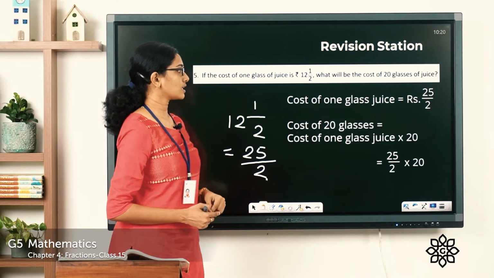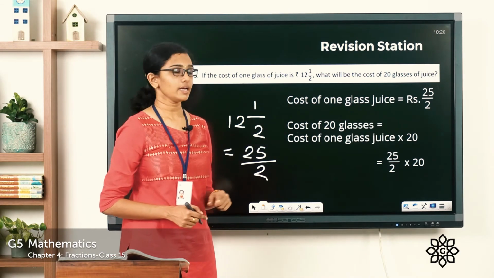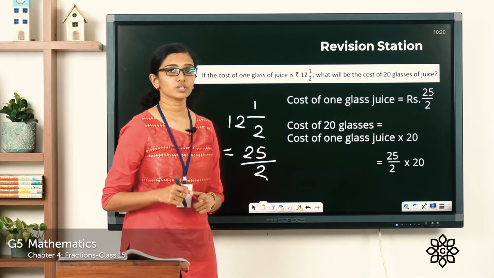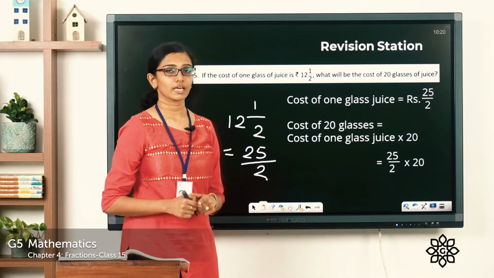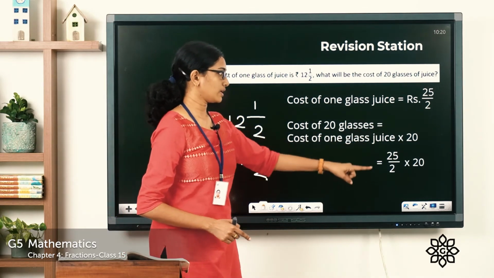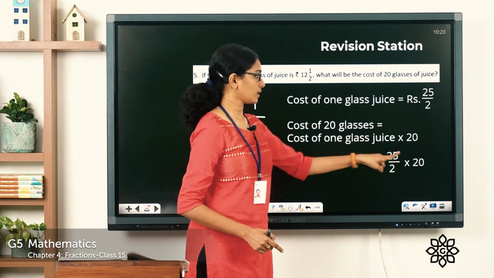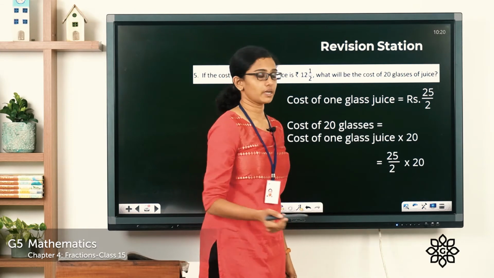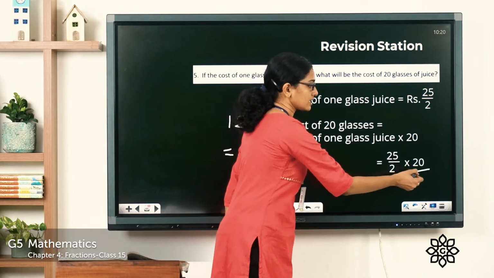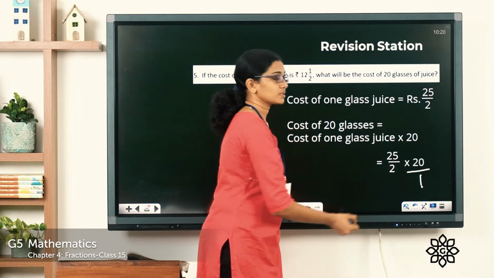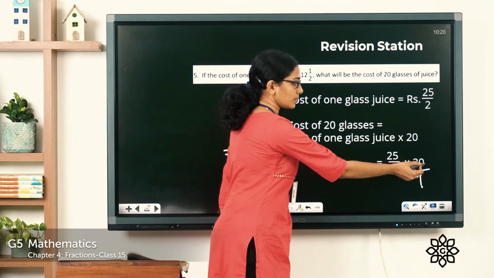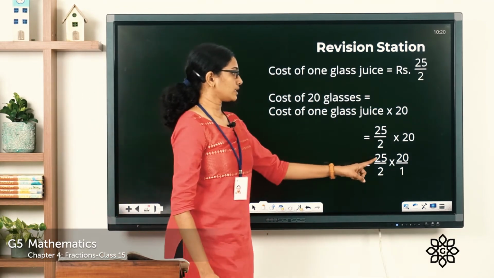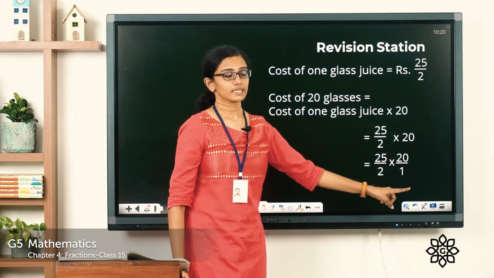And how many glasses are there? 20 glasses are there, and the total cost would be the cost of 1 glass of juice into 20, right? So that is equal to 25 by 2 into 20. Now this 20 does not have a denominator, so let's assume it has a denominator of 1, so that this becomes a fraction. So we have 25 by 2 into 20 by 1.